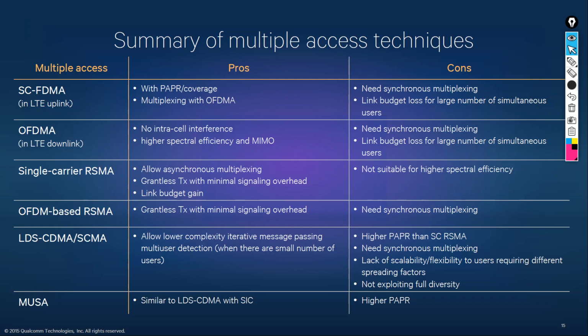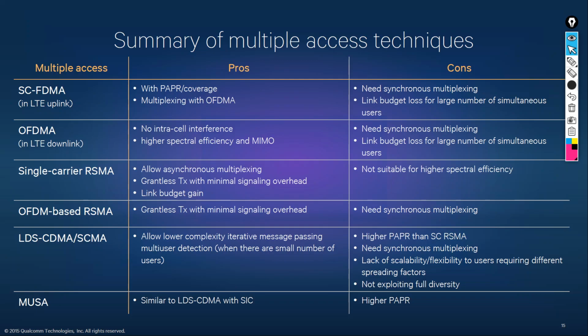What about the multiple access techniques? Single carrier FDMA is used in the LTE uplink, OFDMA in the LTE downlink, then single carrier RSMA, OFDM-based RSMA, LDS-CDMA, and multi-user shared access.